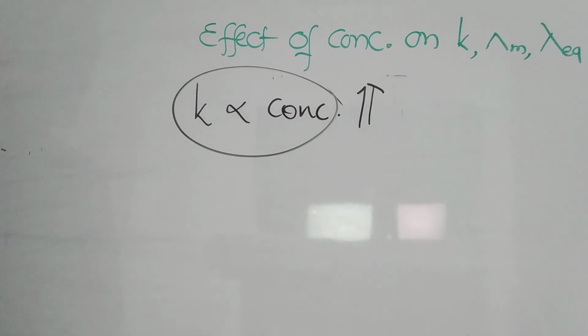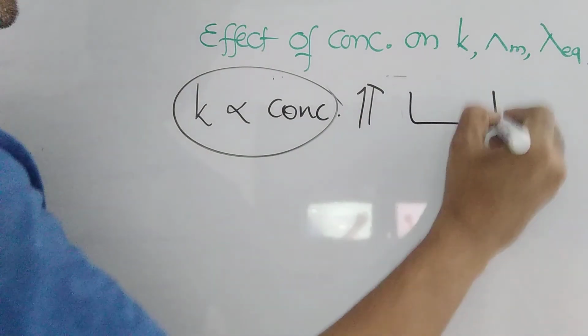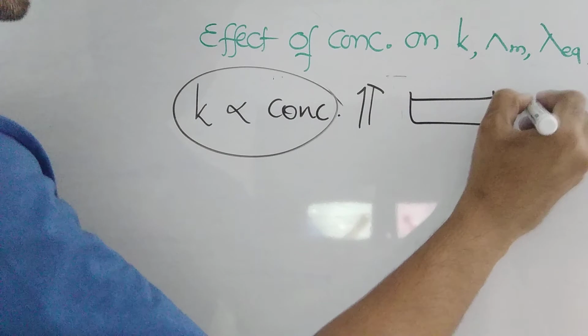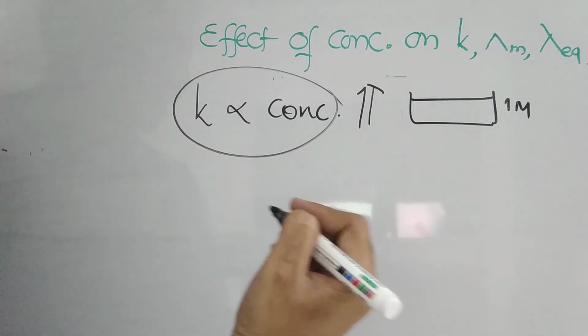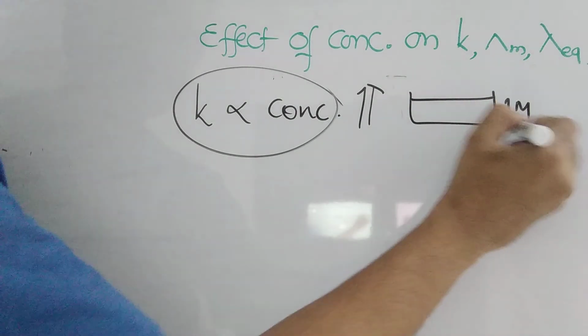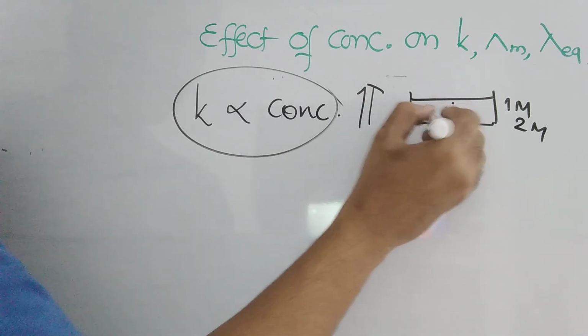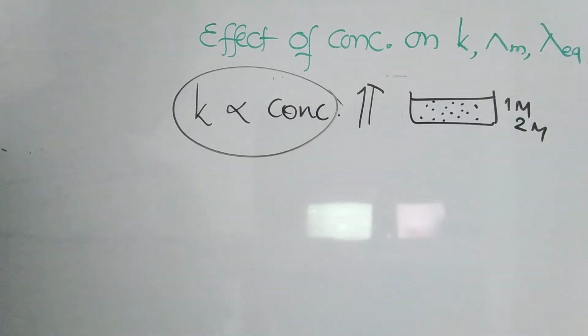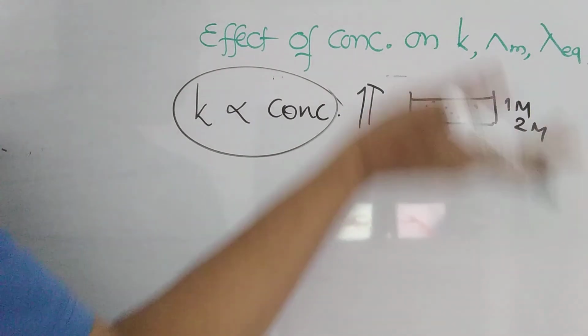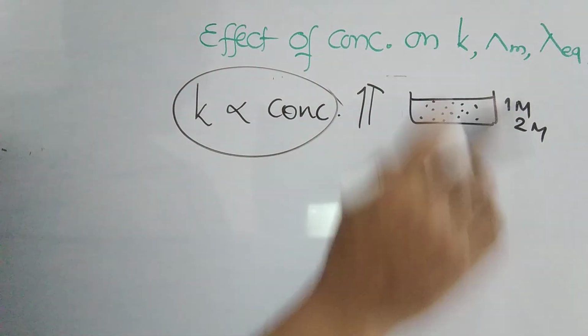For example, 1 molar solution means 1 mole compound in 1 liter solution. If you are making 2 molar solution, the number of particles will be increased double. 2 molar to 3 molar, 3 molar to 4 molar.